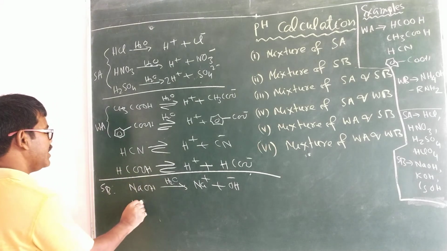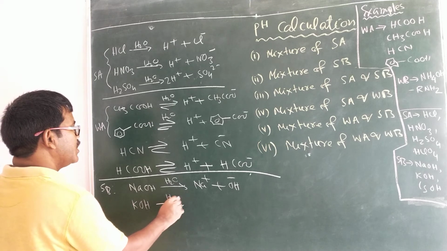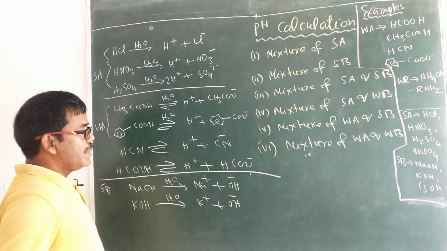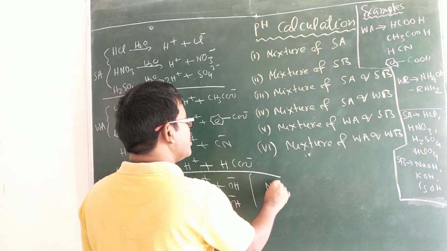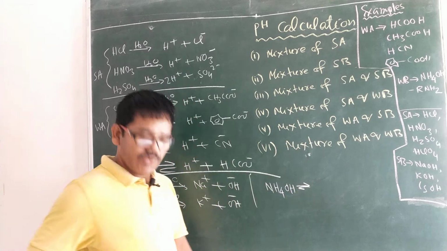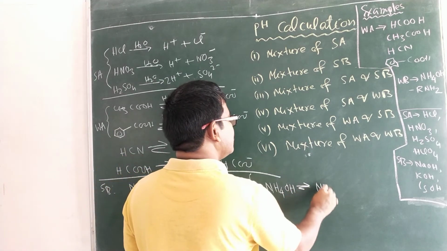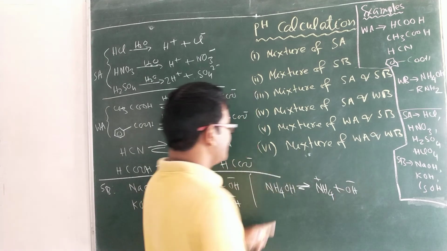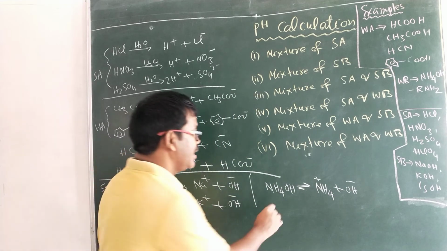Similarly, if I take potassium hydroxide and dissolve it in water, it decomposes into K plus and OH minus. But if I take ammonium hydroxide, again it maintains equilibrium, it ionizes partially into NH4 plus and OH minus. This is an example of a weak base.